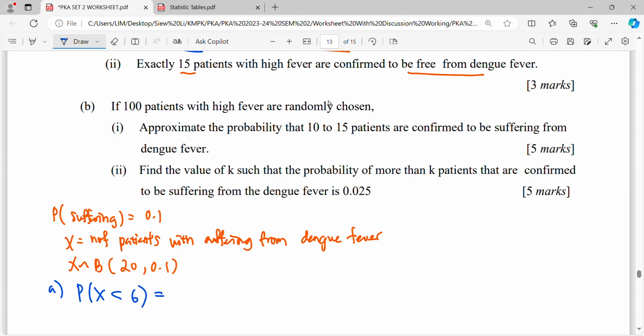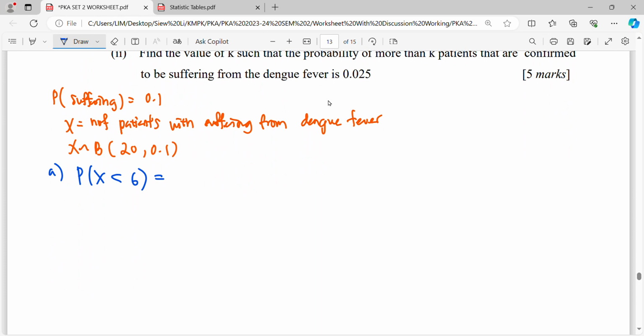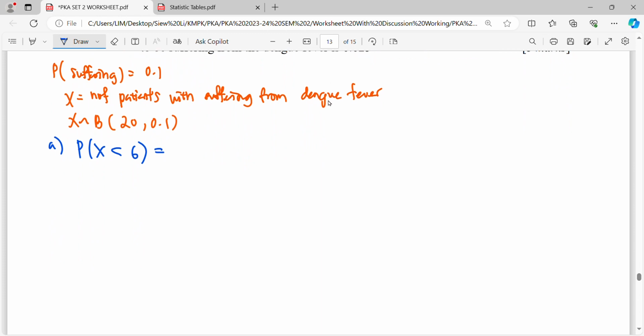If you use the table, you need to read more than or equal. You want less than 6, but the table only represents more than or equal. So we take 1 minus the probability of more than or equal 6, because 6 is not included, so we subtract starting from 6 onwards.